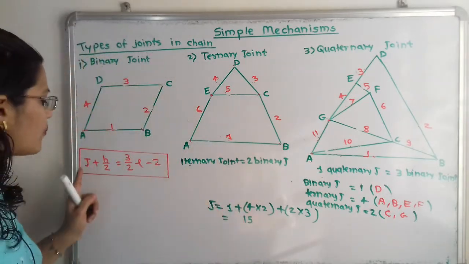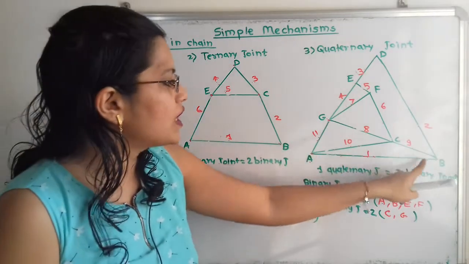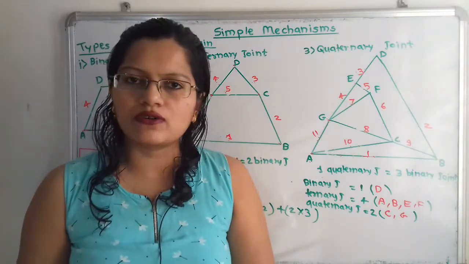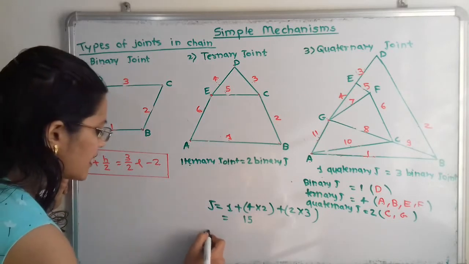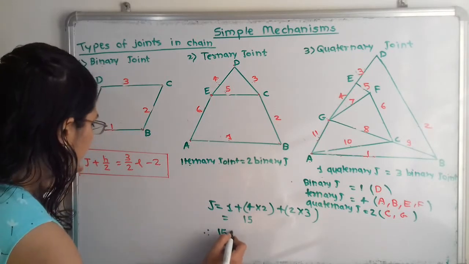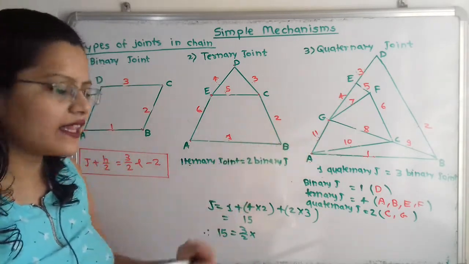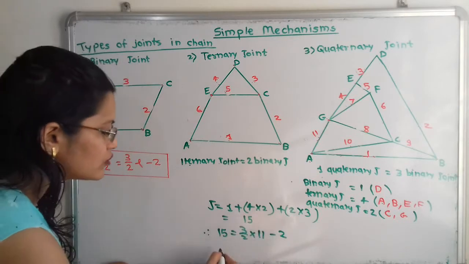So we will now put this value in the formula. The number of higher pairs: all the pairs are turning pairs, that's why the value of H is equal to 0. So now if I put H equal to 0, then J is equal to 15, which is equal to 3 by 2 into L. The number of links is 11 minus 2. So we have to simplify this.